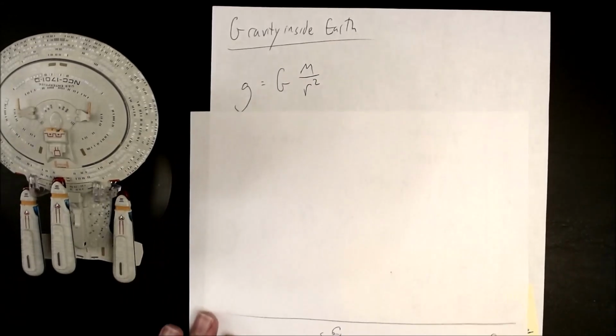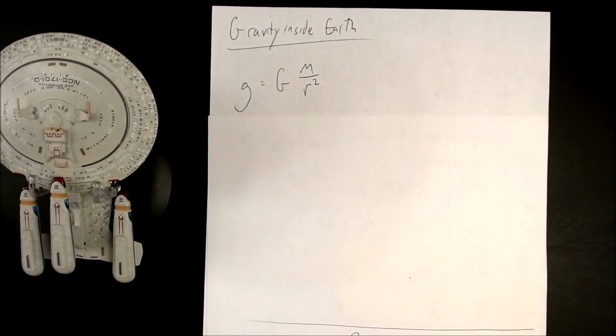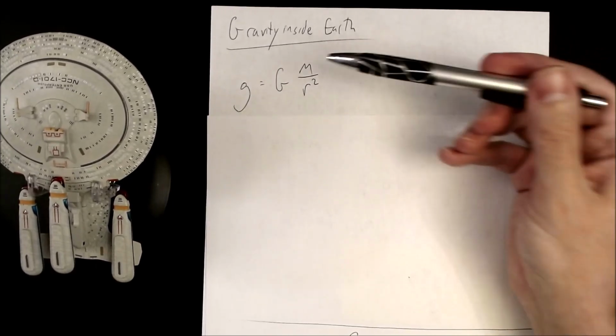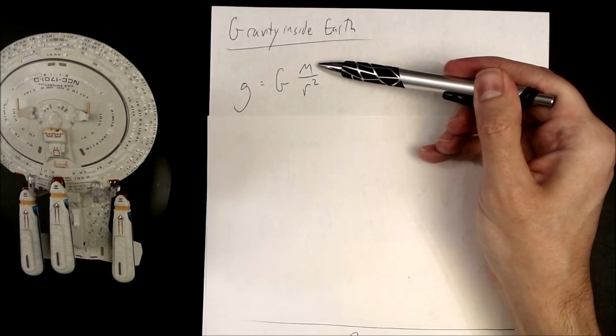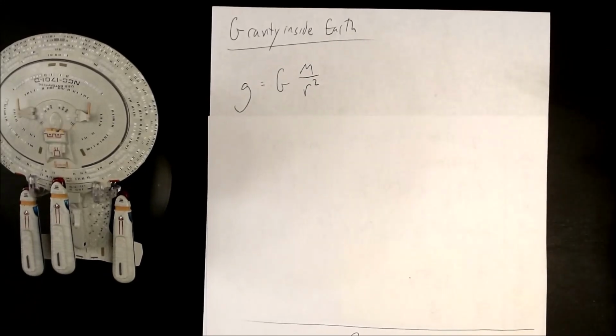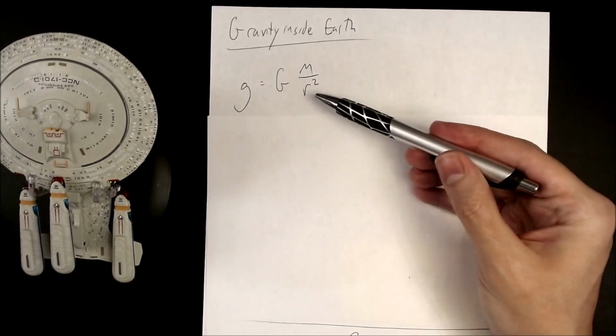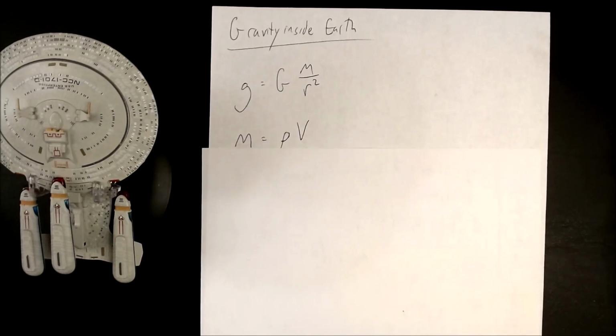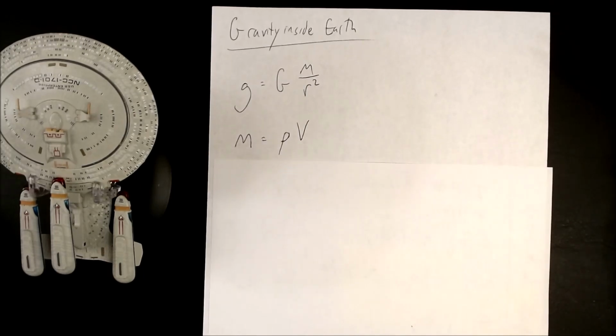We start with the standard equation. Acceleration due to gravity is GM over r squared. The M is the enclosed mass, the mass that is closer to the center of the Earth than you are. And r is the distance that you are from the center of the Earth. What is the mass of the stuff that is closer to the center of the Earth than you are?